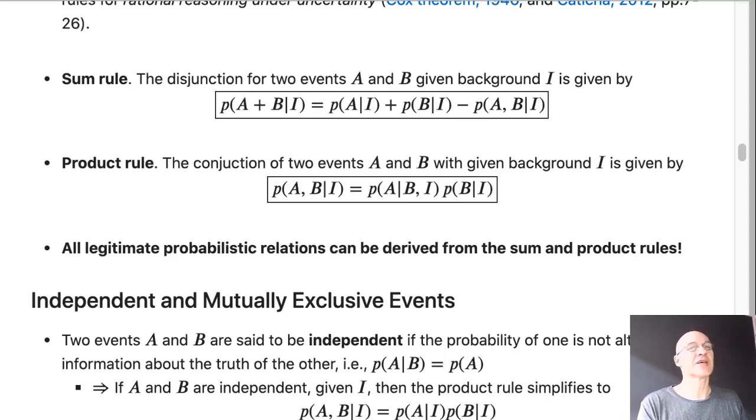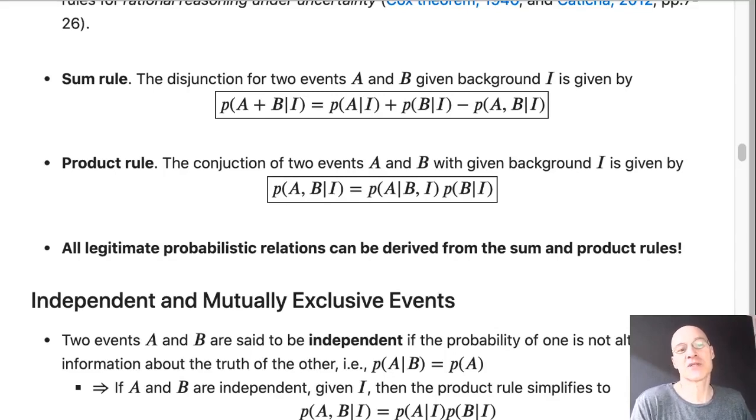And that event can be anything. It doesn't have to be an event that is repeatable. You can have a belief that it rains tomorrow, or the probability that there is life on Mars, and so forth. Any statement whose truth can be contemplated.